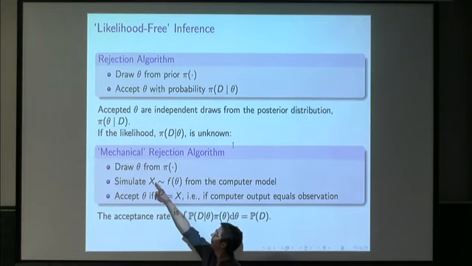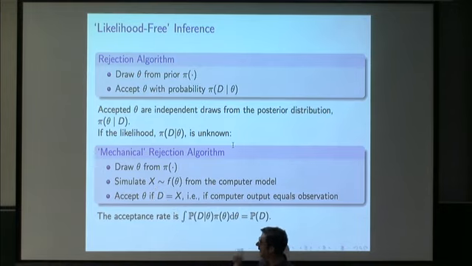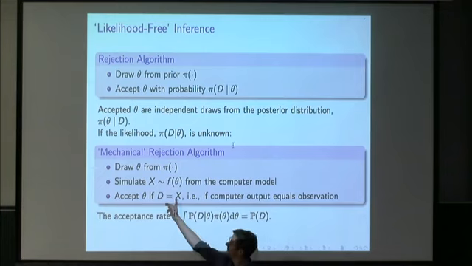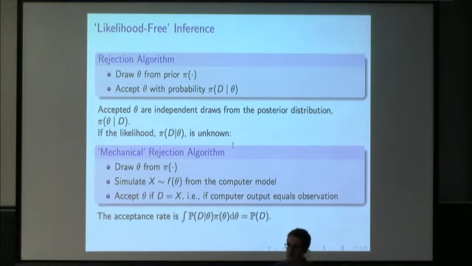So pick a theta from the prior, simulate from the model with that theta, and now accept theta if the simulation exactly matches the data. Pick theta, simulate from the model. If the model matches the data, keep your theta, it's a good one, put it in your histogram. If not, just do it again. This doesn't have the likelihood anywhere except implicitly, because we've simulated. And this is exact. This is a mechanical version of Bayes' theorem. This gives us the same thing.